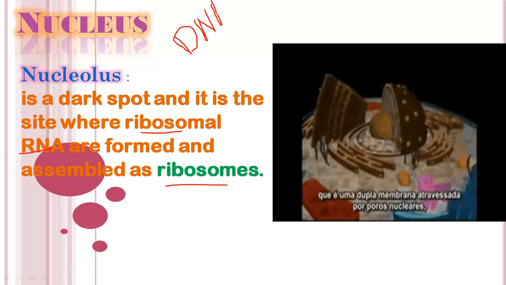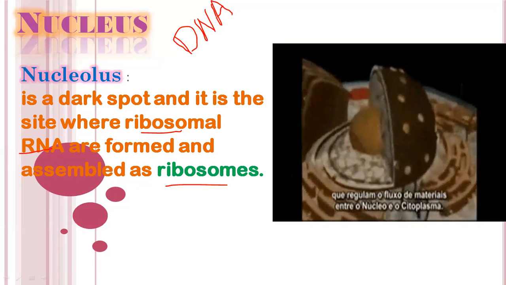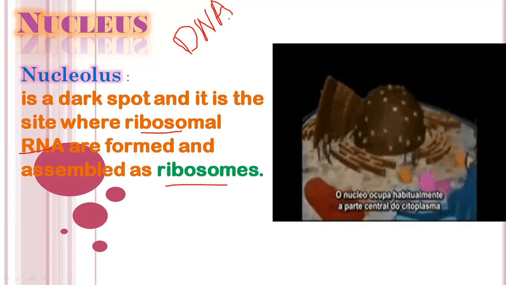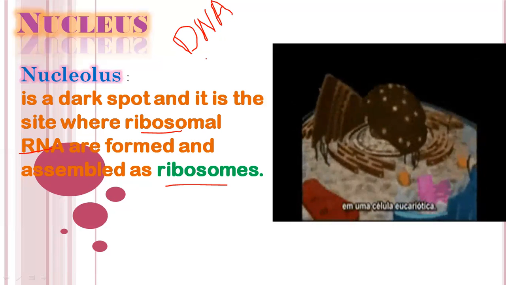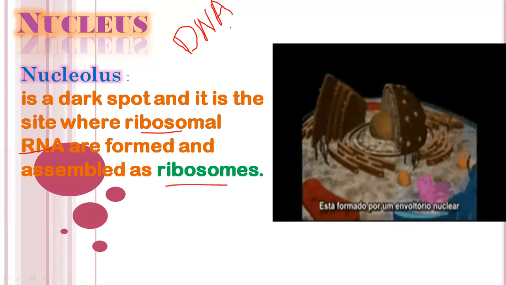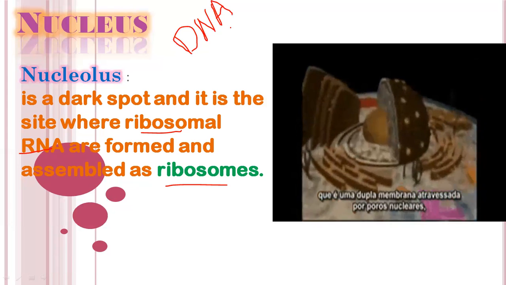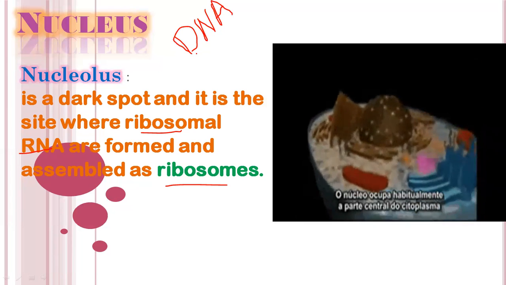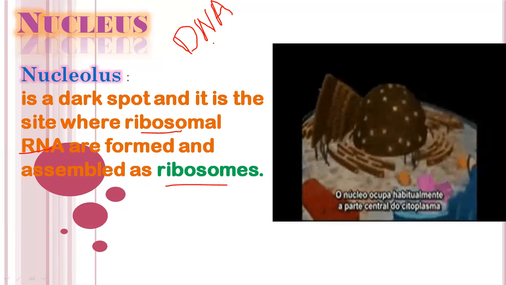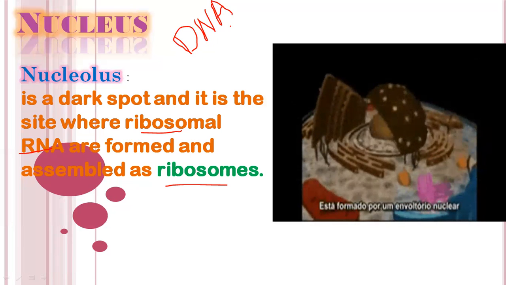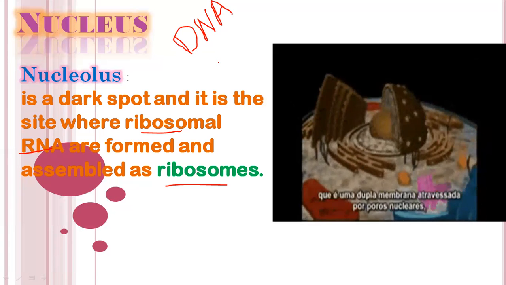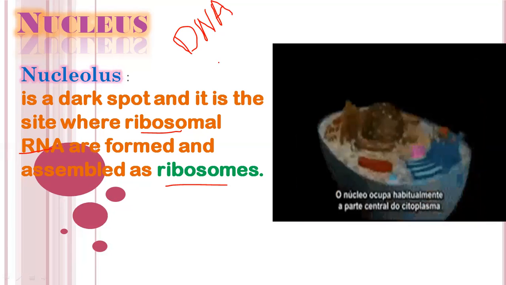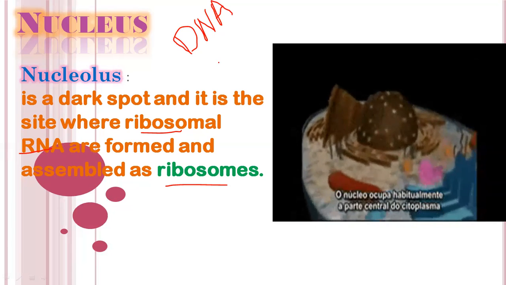Your chromosomes in the nucleus are made up of DNA, deoxyribonucleic acid. We'll talk about this DNA in chapter number 5 also, where we see cell division. But right now, you must have just a brief concept that DNA, deoxyribonucleic acid, is present in the nucleus, which is transformed into chromosomes.